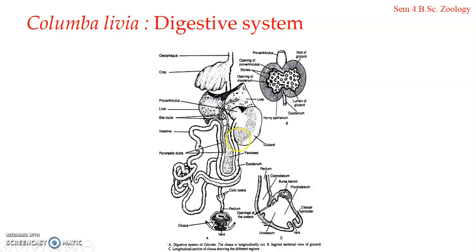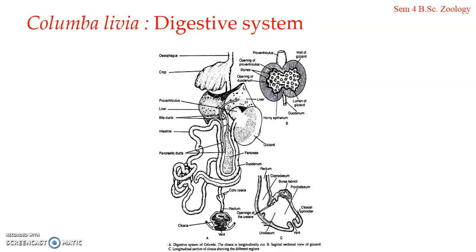Till the gizzard, it was the stomodium or the foregut. This part, the intestine, forms the mesenteron or the midgut. It is the small intestine actually. It is a narrow tube and has a lining of endodermally derived epithelium.